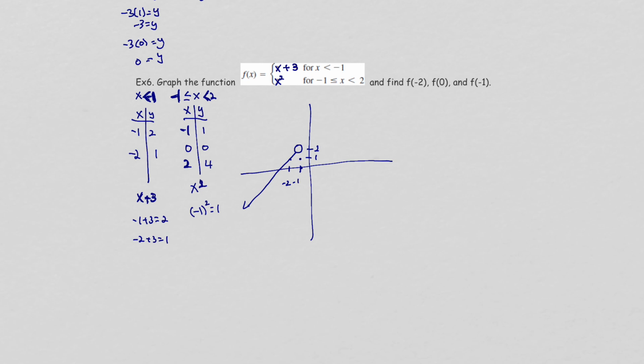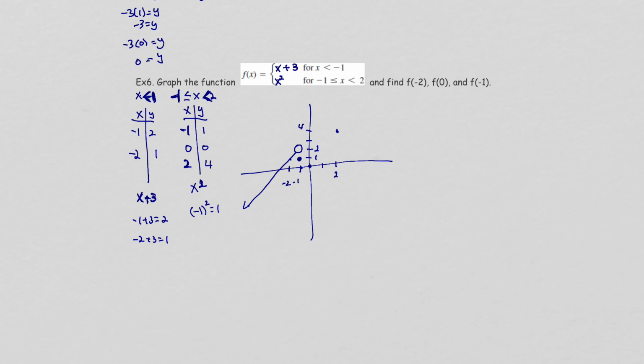And it's equal to, right? So make sure you use the dark circle. 0, 0. And 2 will be 4. And don't forget these 3 points. Oh, and this one should be an open circle because it doesn't include the sign. It will be just smaller than 2, right? So that will be an open circle.